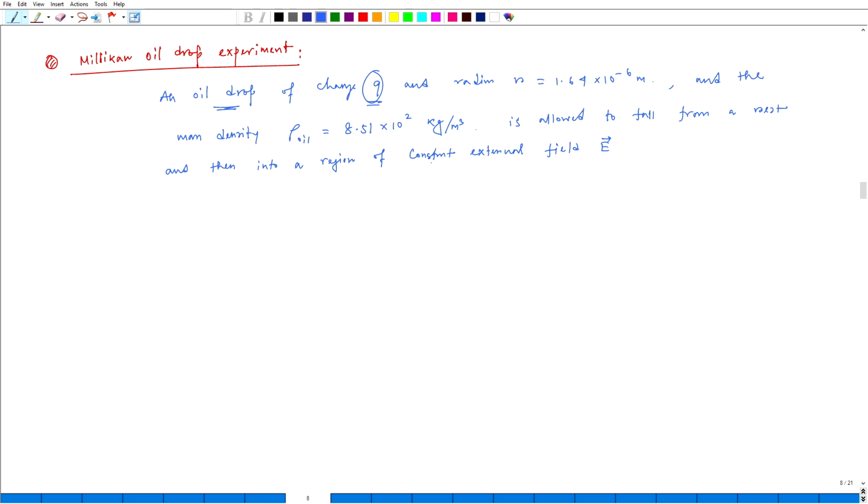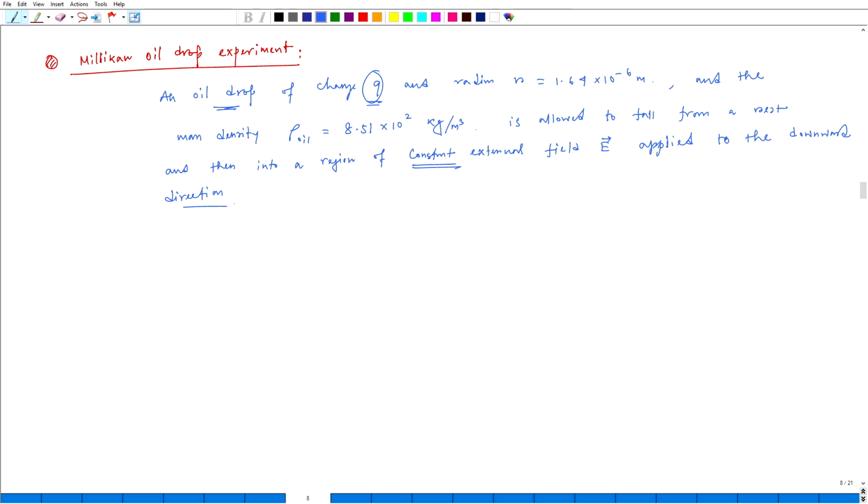A constant external field means a uniform field, applied in the downward direction. Here we consider the electric force due to this electric field as well as the gravitational force.